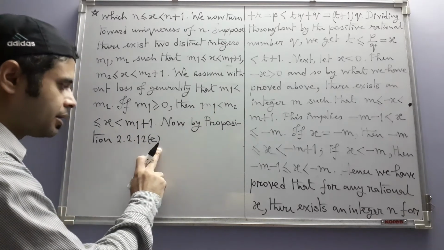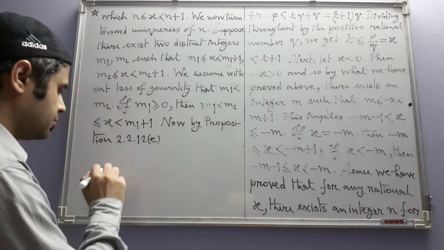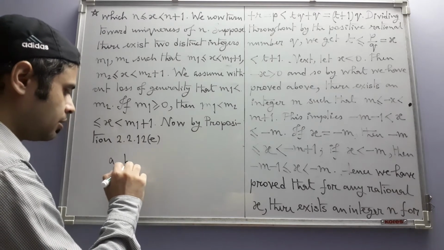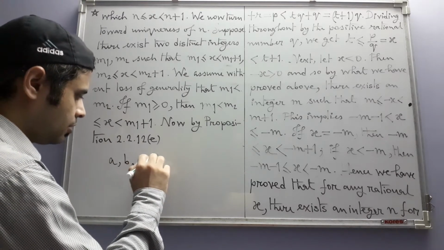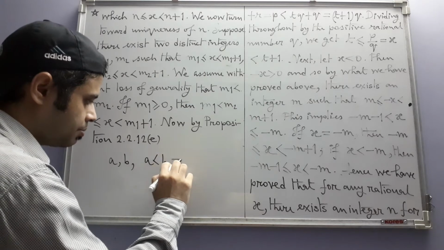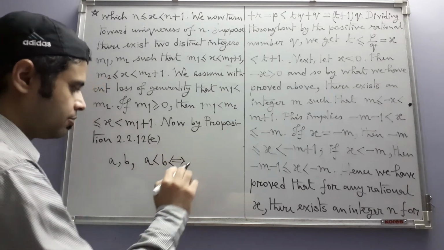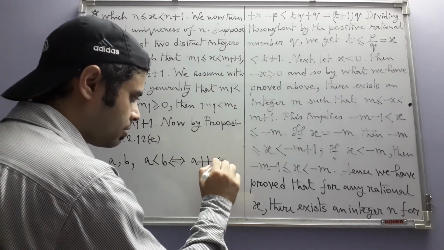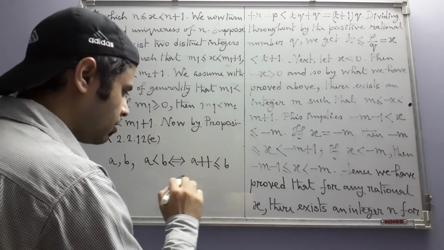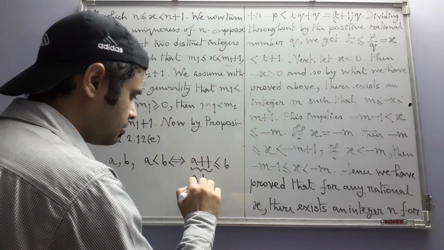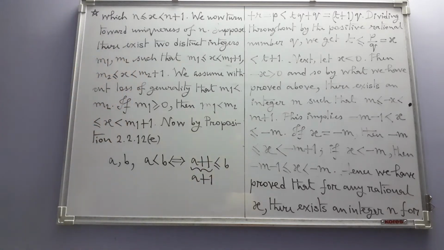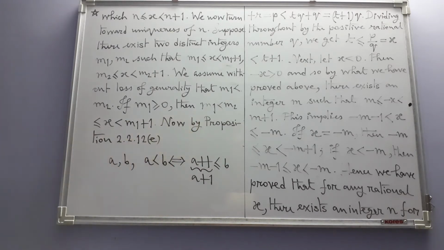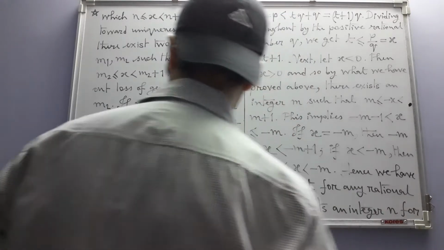And what was part E? In part E we had this: if a and b are two natural numbers, then a is strictly less than b if and only if the successor of a is less than or equal to b. For us now the successor is a plus 1. Okay, so we are now going to apply this to these inequalities.